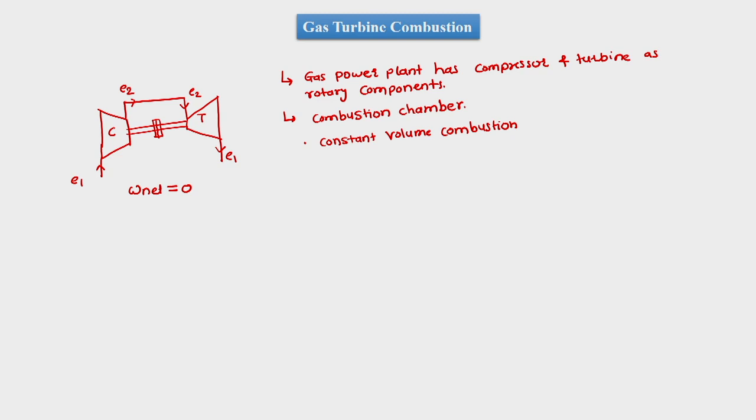Initially it was expected that a gas turbine power plant would be built upon a combustion chamber with constant volume combustion, but it needs a very specific arrangement where we need a closed volume in which combustion takes place. So we need valves and an associated arrangement for closing and opening the valves.